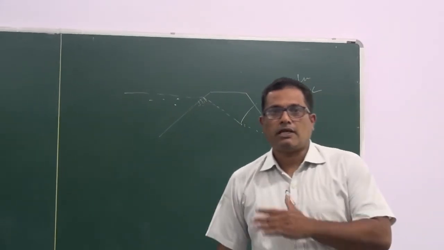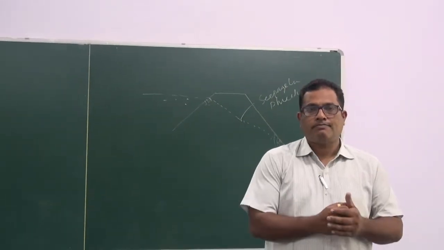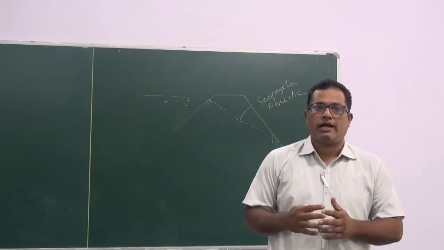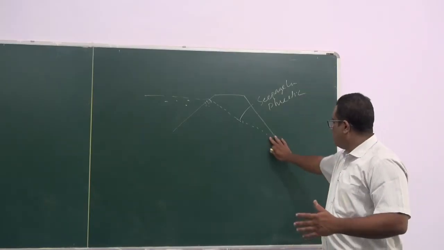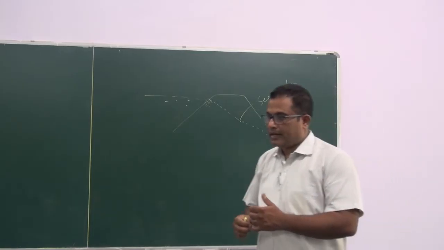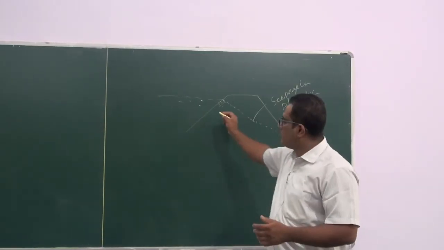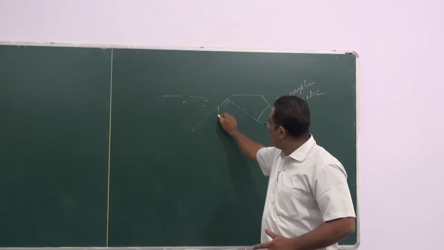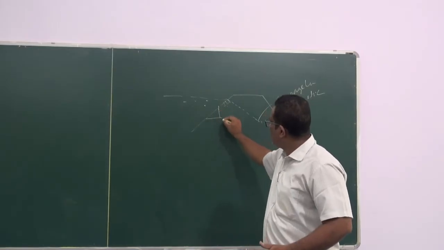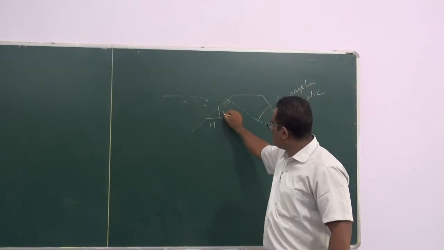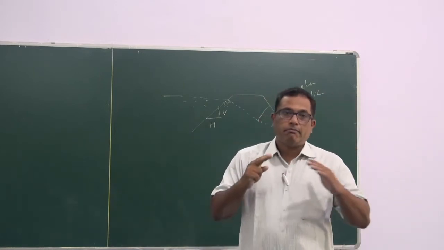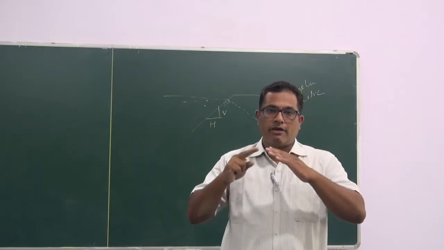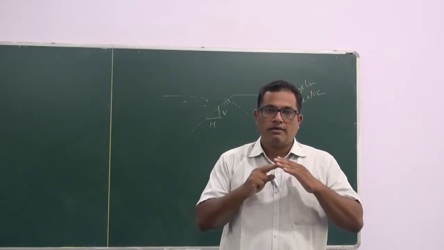This is something which is often not taken into account or is disregarded sometimes. Another important thing in bund design is the side slope, that is horizontal versus vertical. When you make the embankment, to make it more stable, you give a certain slope on the embankment.